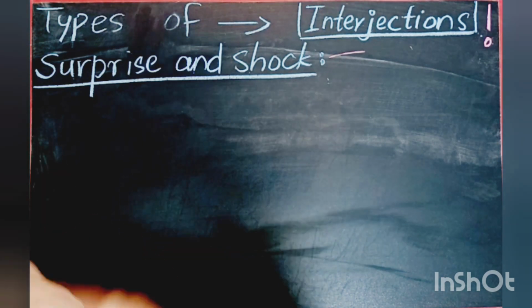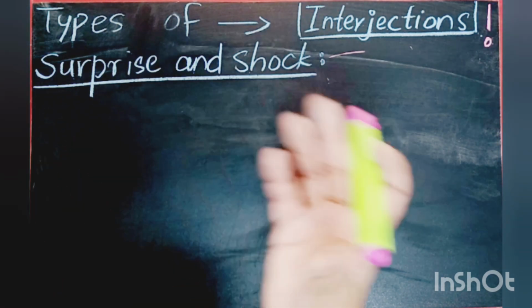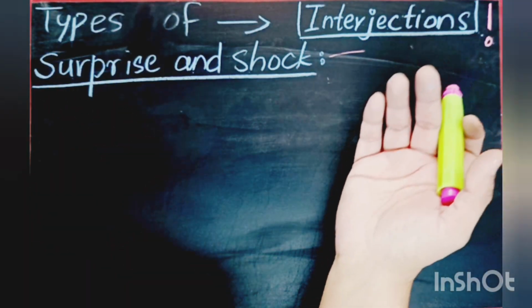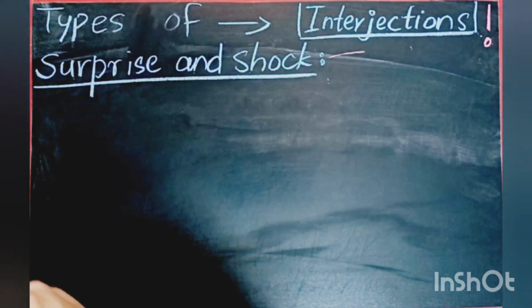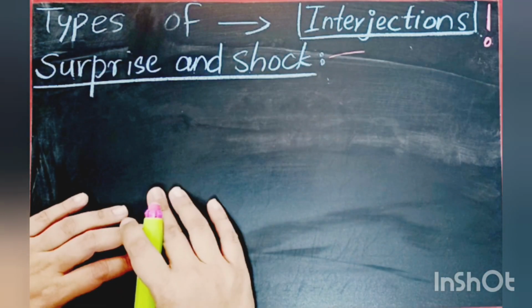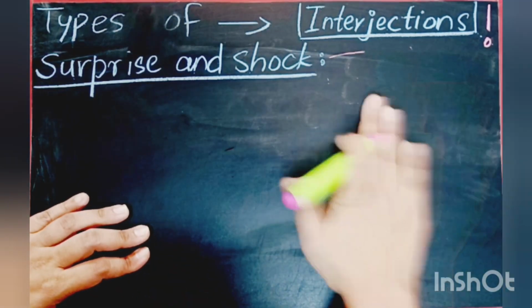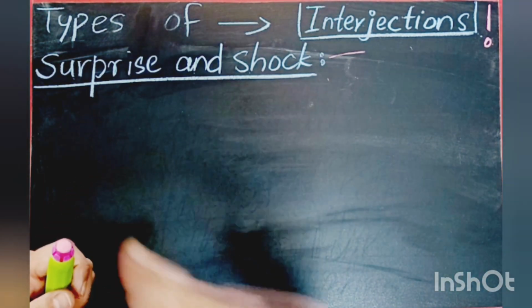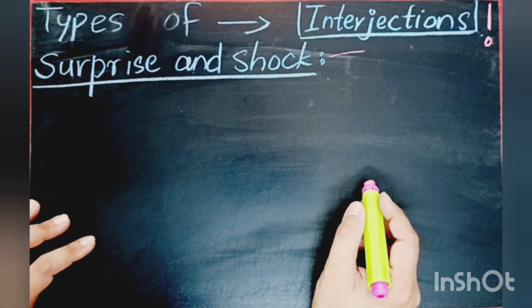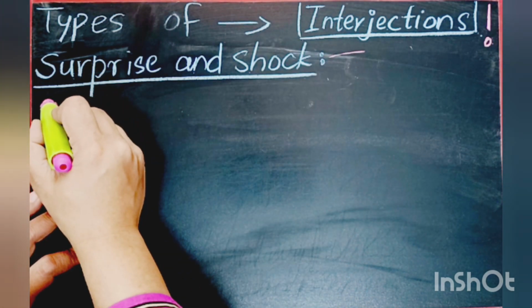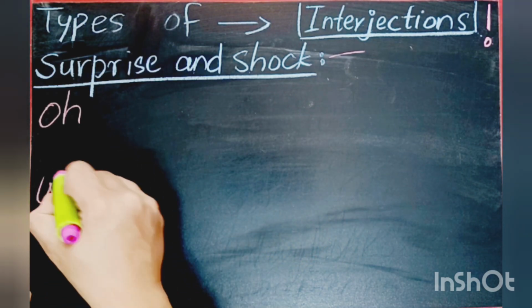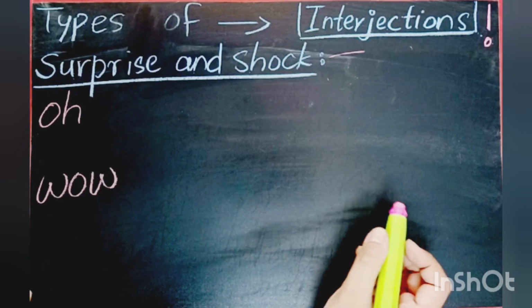Shock sometimes shows excitement or happiness in a positive situation, or it shows dismay or someone's offendedness. What words do we use in these situations? Let us learn it. For surprise and shock, we often use oh, we often use wow.